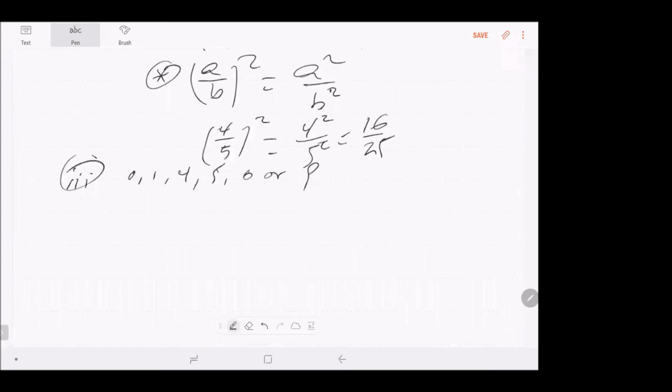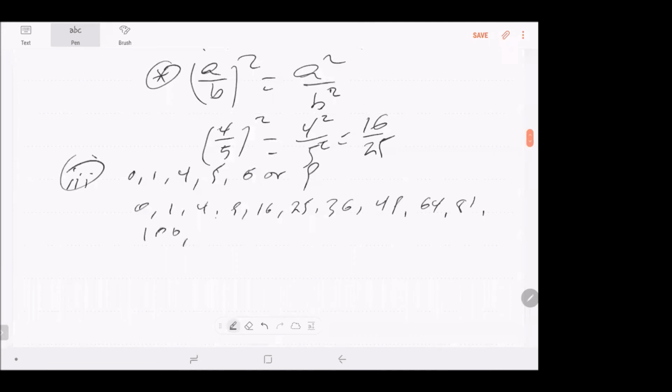Let us consider an example for this case. Based on your curriculum the first square number is 1, but we can start from 0. 0 is a square number. Yes, 1, 4, 9, 16, 25, 36, 49, 64, 81, 100, and so on.